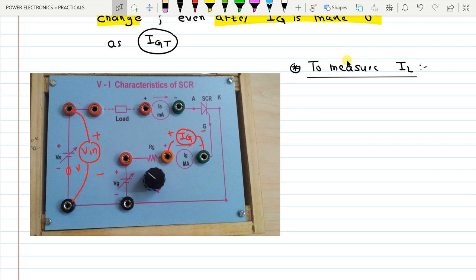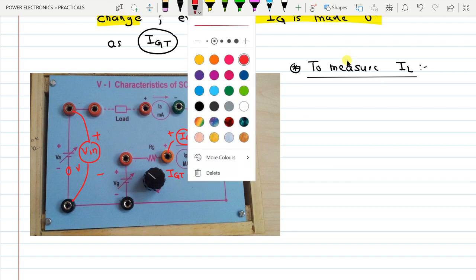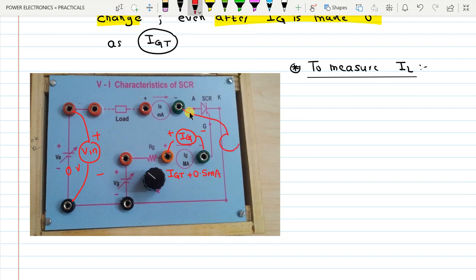Ig is kept as IGT plus 0.5 milliamperes. This is my VAK. This is my device current.